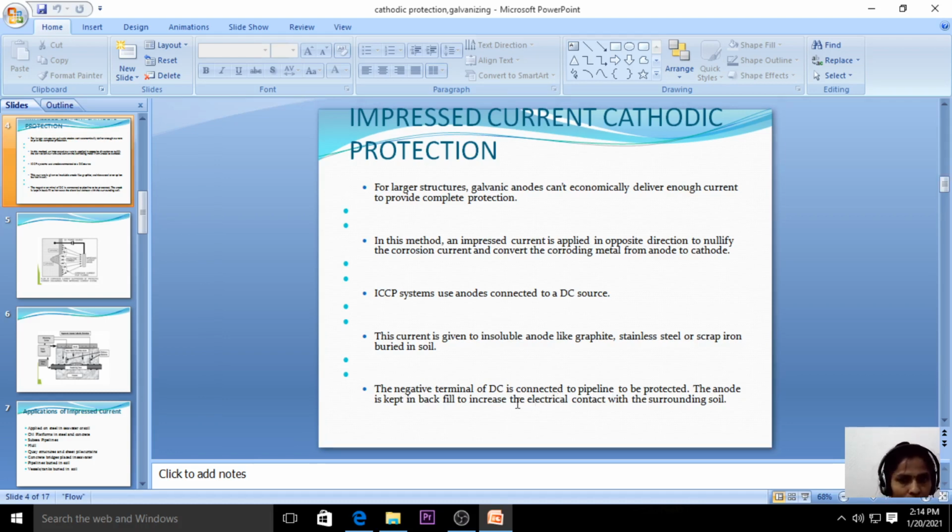So when we place it in the backfill, the electrical contact increases, and the corrosion current and the impressed current also become more.